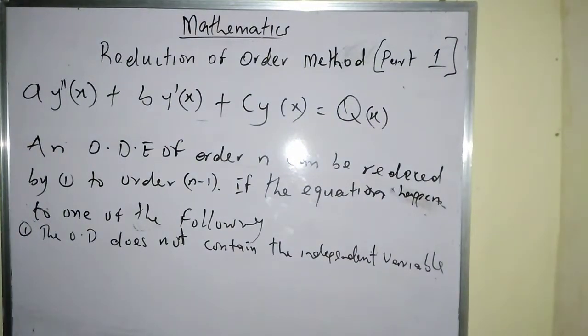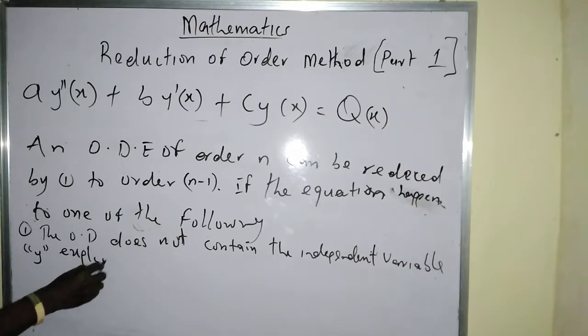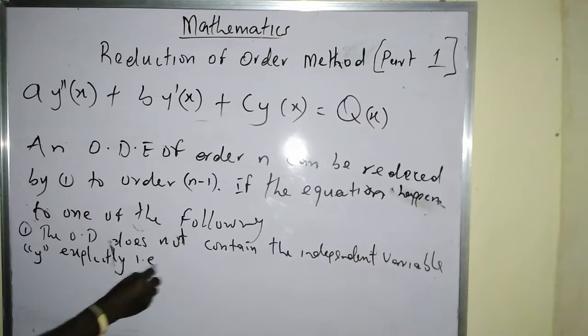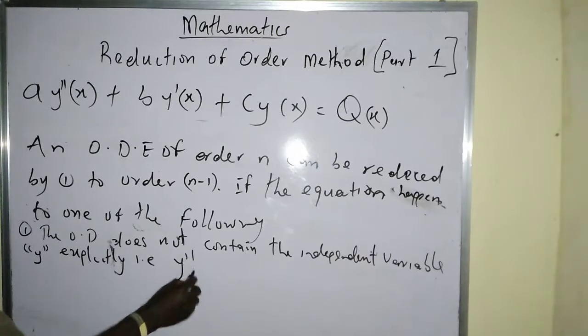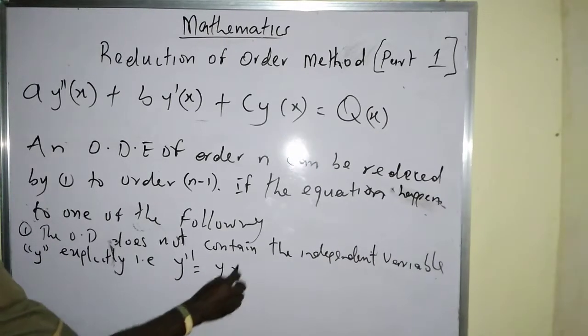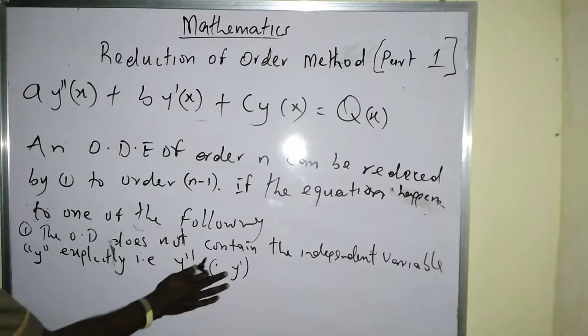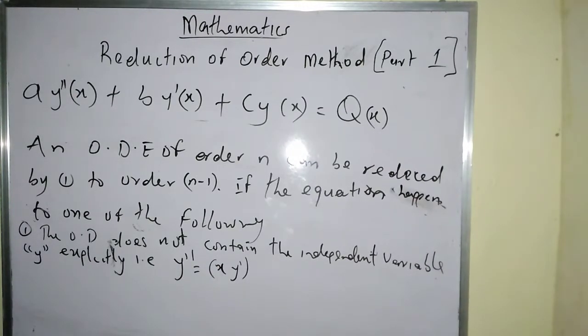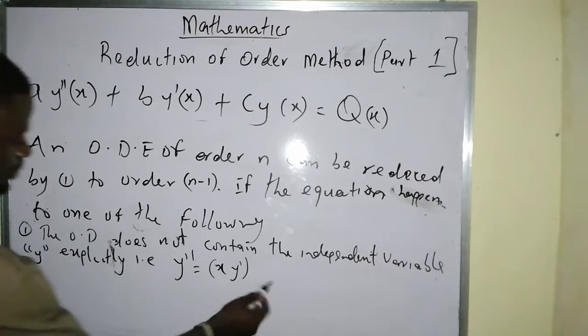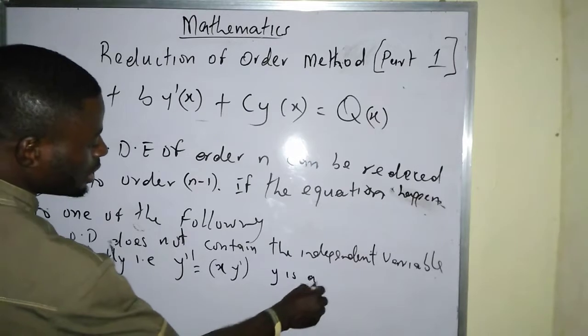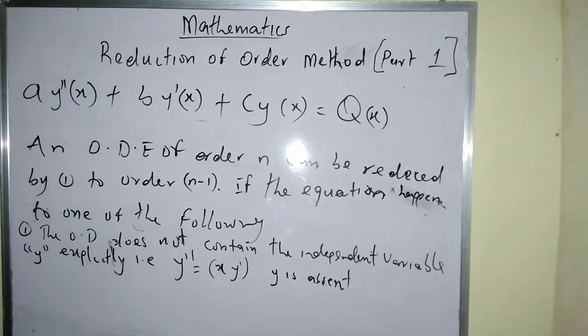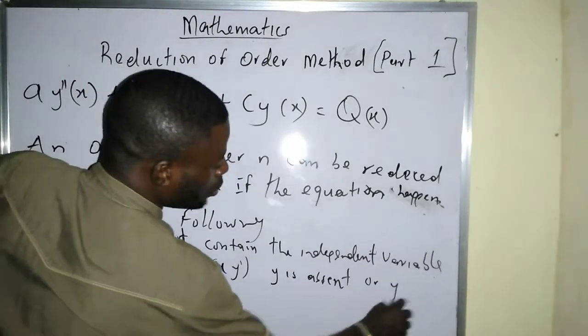Independent variable of y, explicitly. That is to say, y prime prime equals y prime. Y is absent, y is missing.